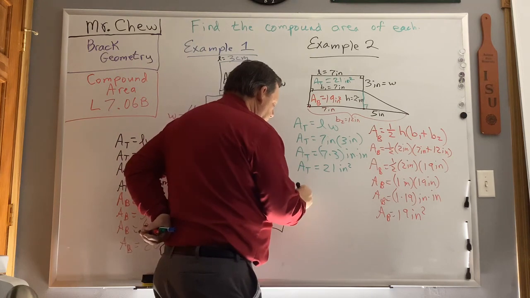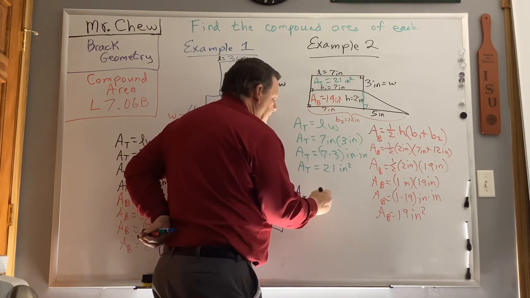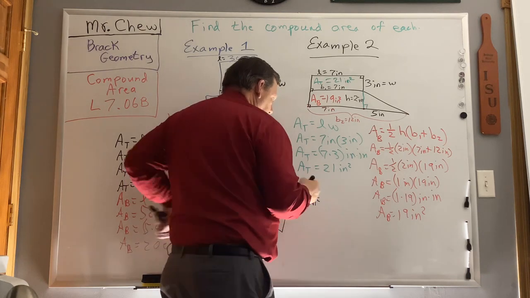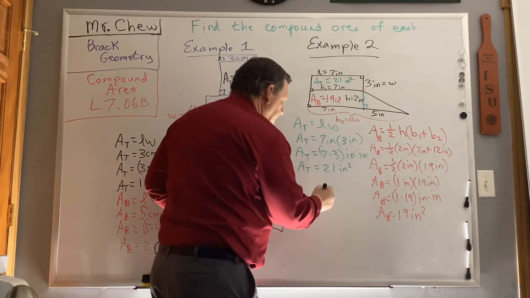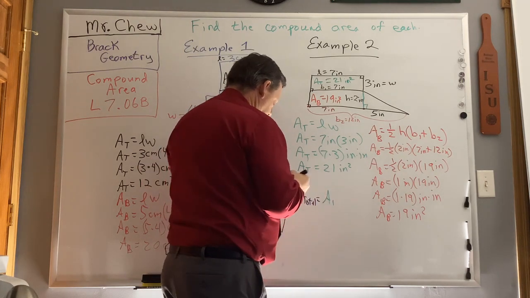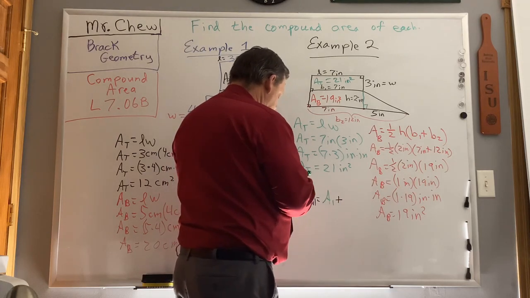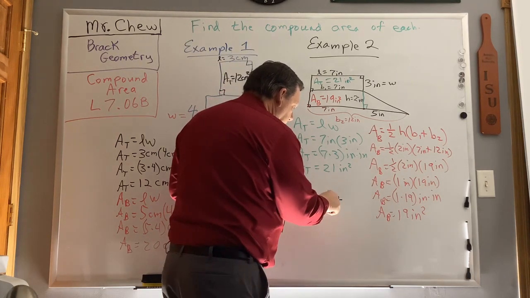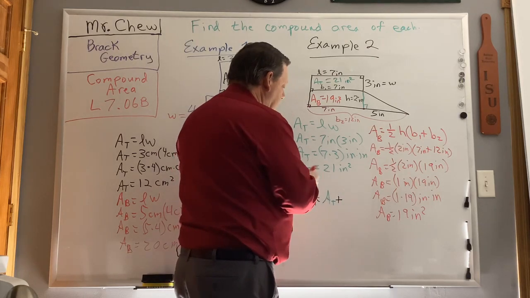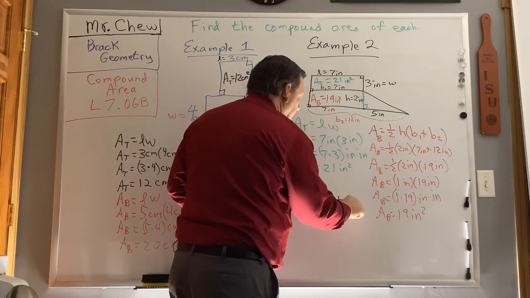So the total area is going to be the top plus, and then this is the area of the top plus the area of the bottom.